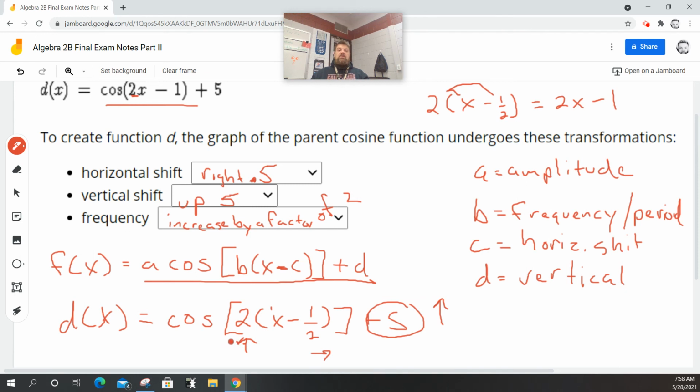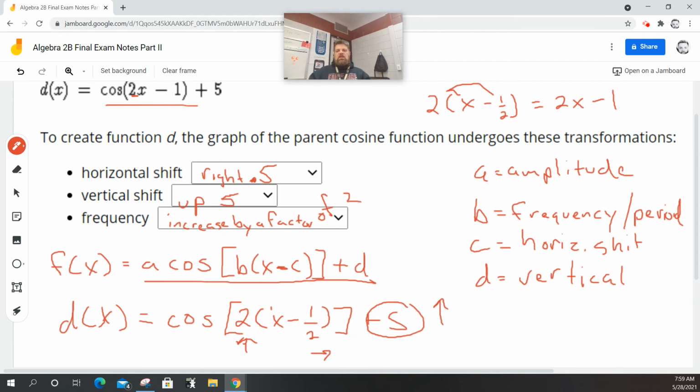So basically what it's going to do is it's going to take the period of the function and compress it. So the period literally becomes smaller, so that way the frequency increases.